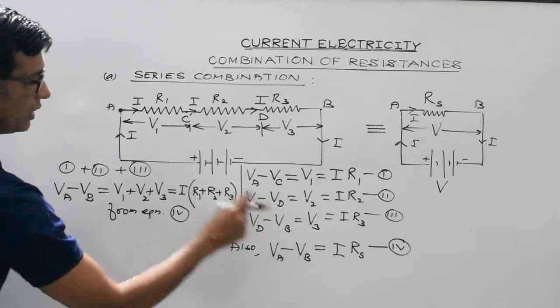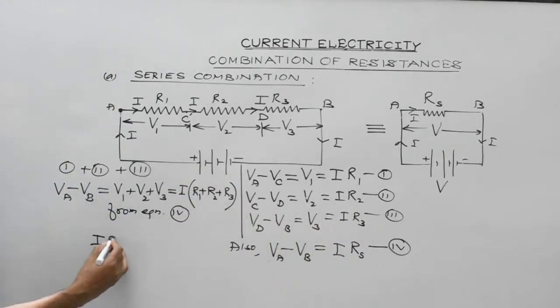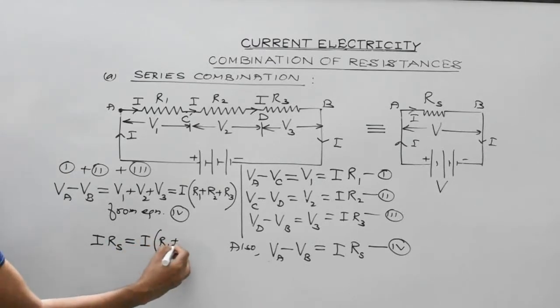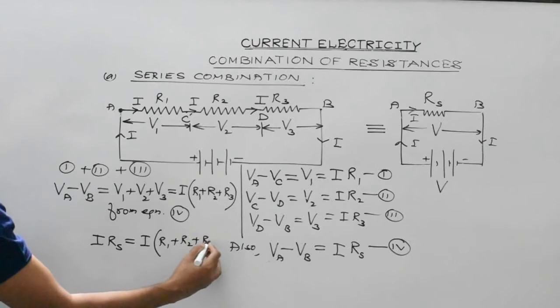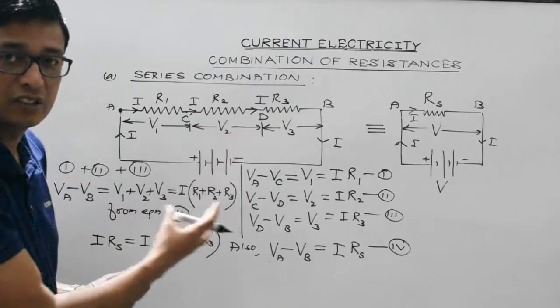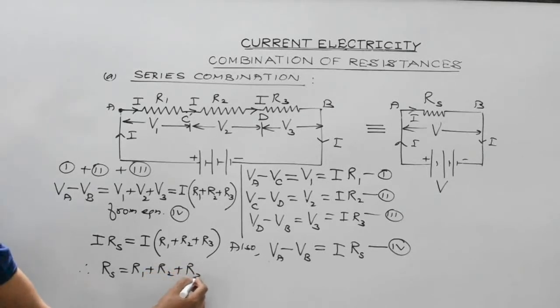It is equal to the net potential difference V, which is equal to IRS. So IRS is equal to I times R1 plus R2 plus R3. Since some finite current must be flowing through the circuit, therefore RS is equal to R1 plus R2 plus R3.